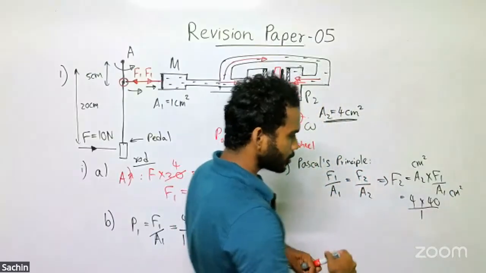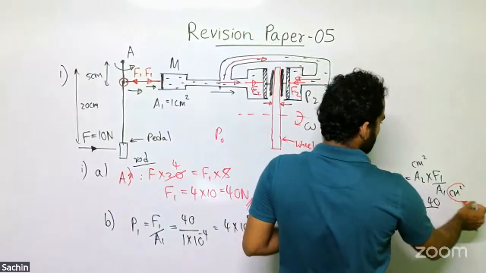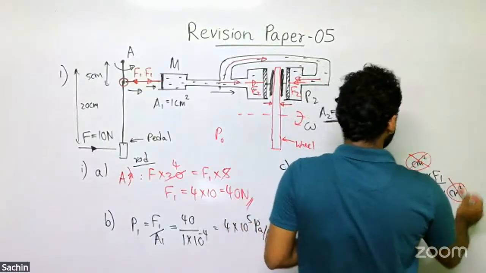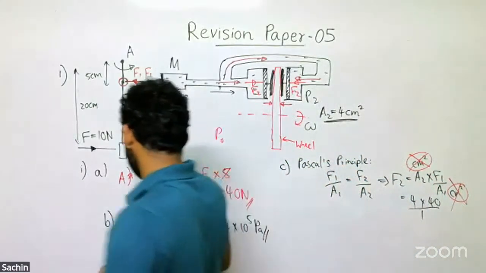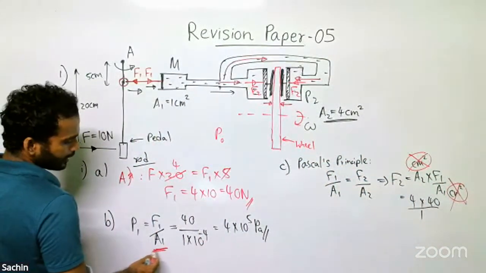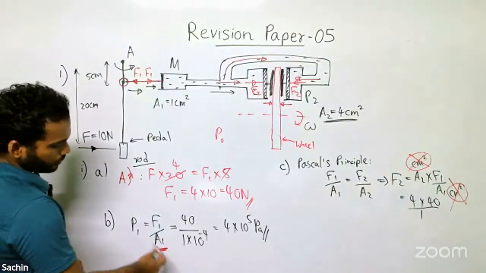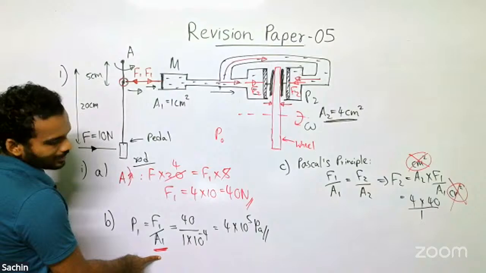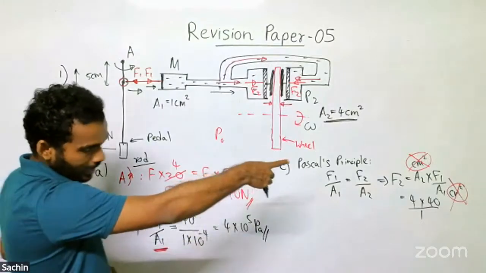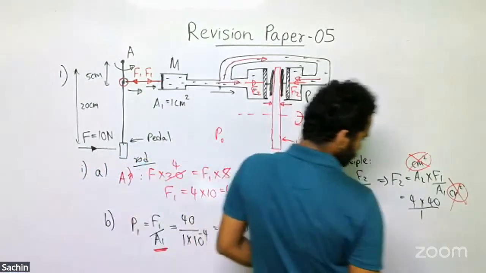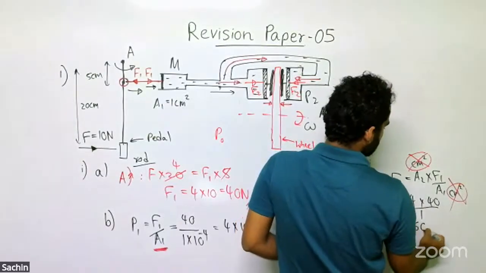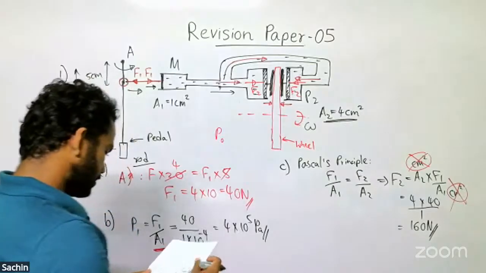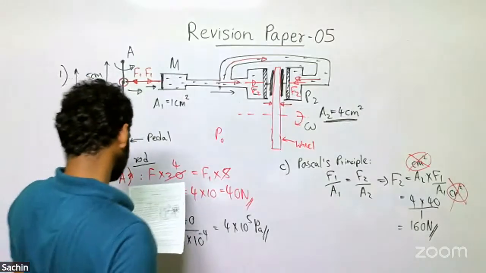In this case that's not a problem, because if I substitute centimeter square in both places, those will cancel. But when you're applying A1 in a formula with no other area to cancel the units, you always have to make it meter square. So 160 Newton. This is the answer for part C.